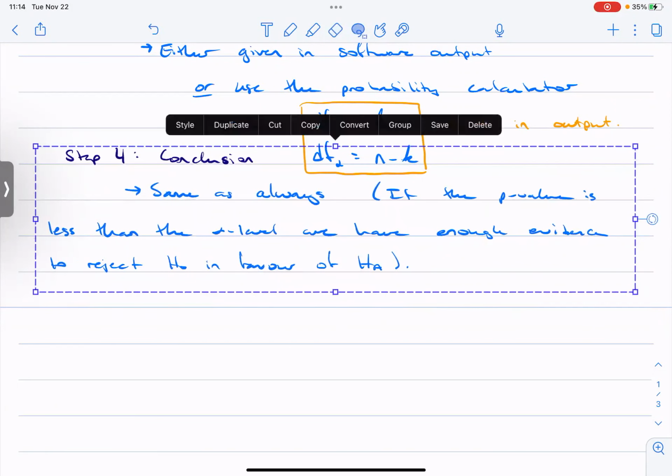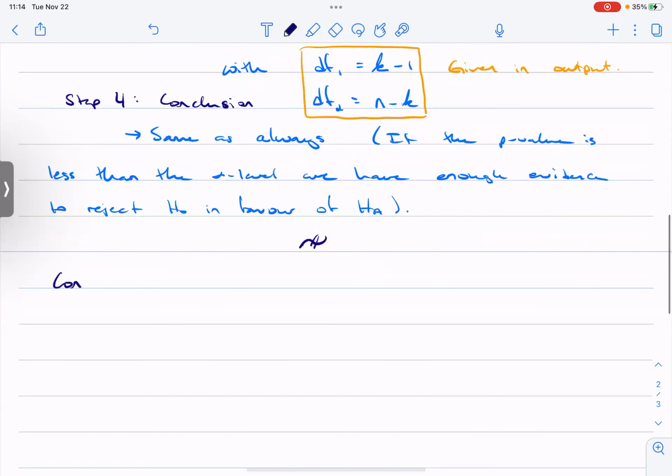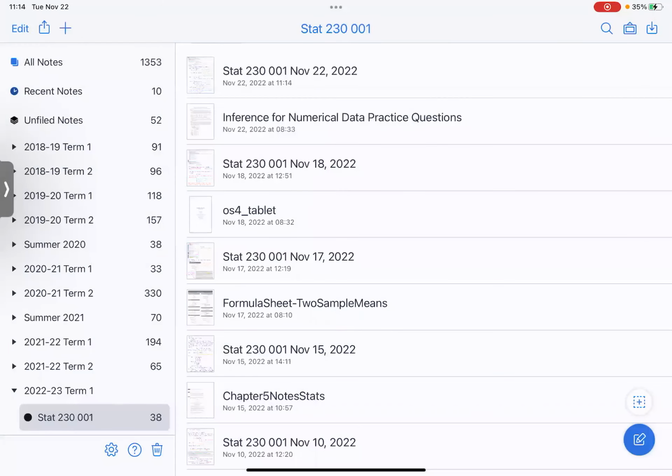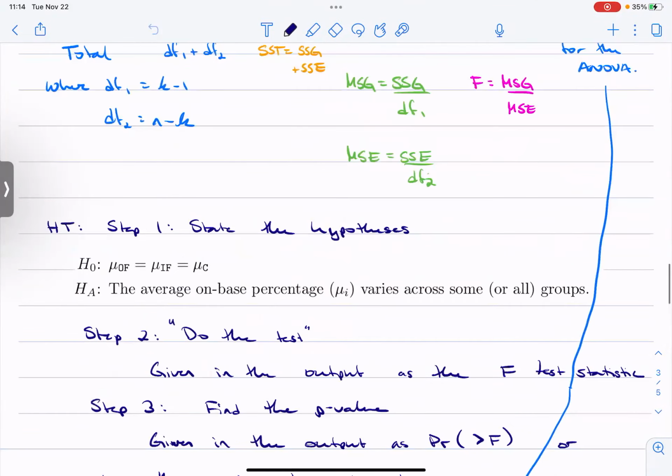Can I do it? There. Sneaky. There. Continuing the example from last day. I'll snag it. All right, we can run through.